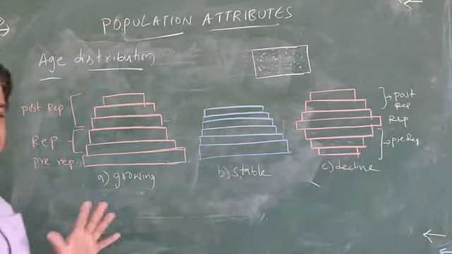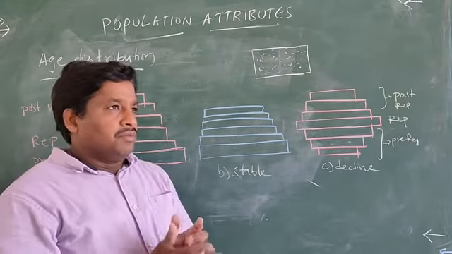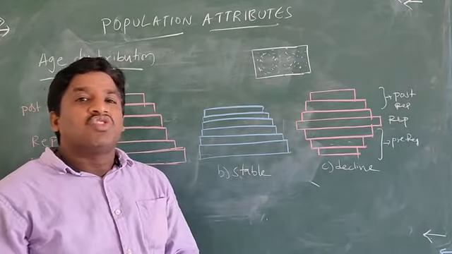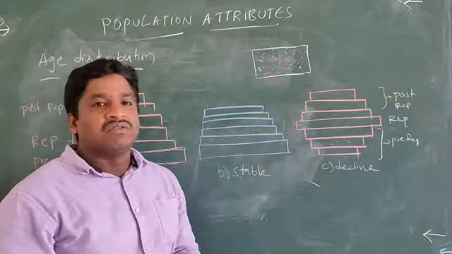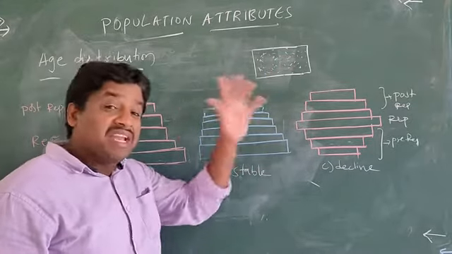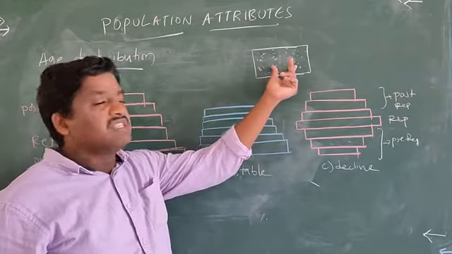Once again, the age distribution. A population at any time is composed of a number of individuals of different ages.